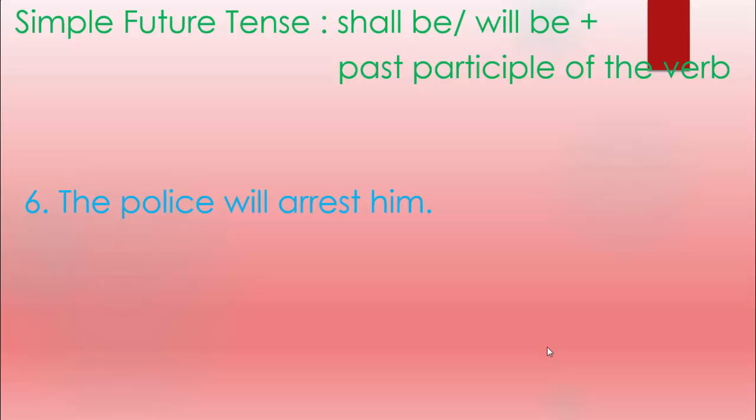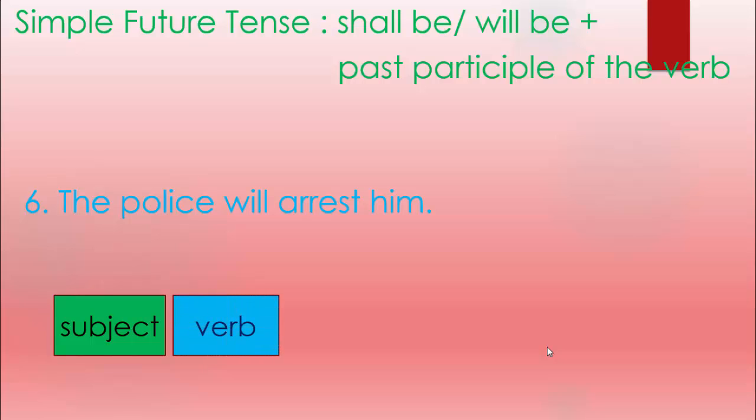Friends, which is the subject in the sentence? The police is the subject. Which is the verb in the sentence? Will arrest are the verbs. So, which is the object? Obviously, him is the object.